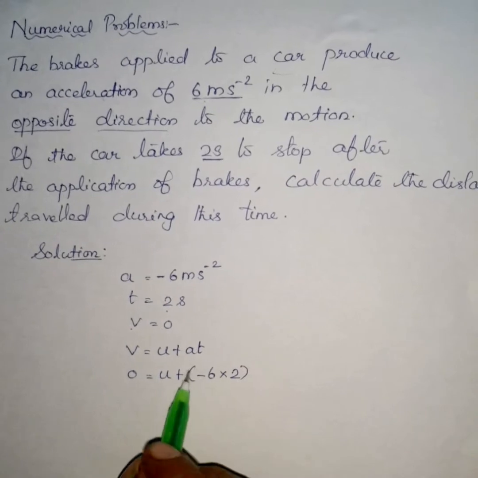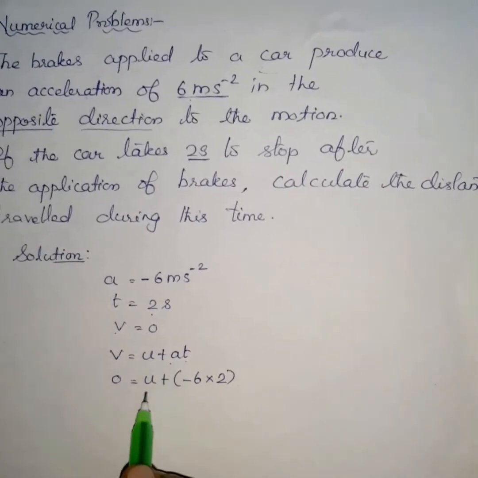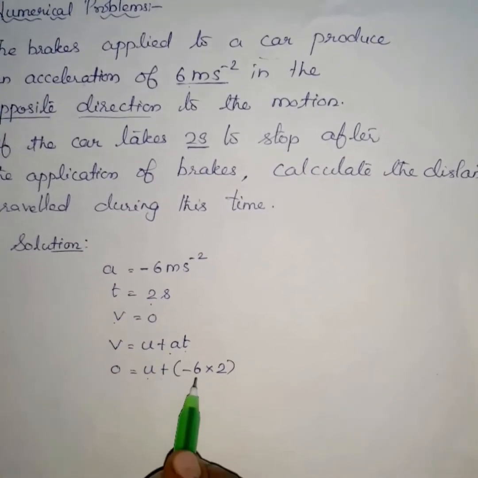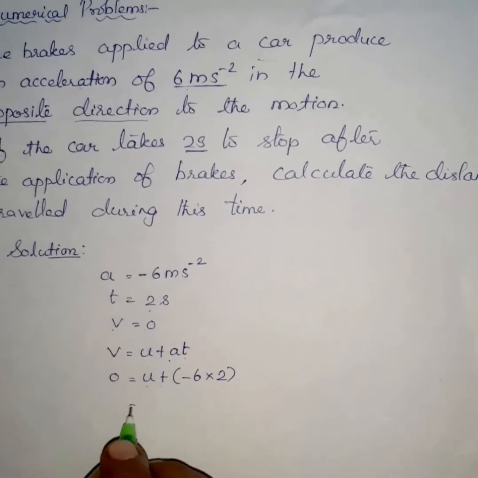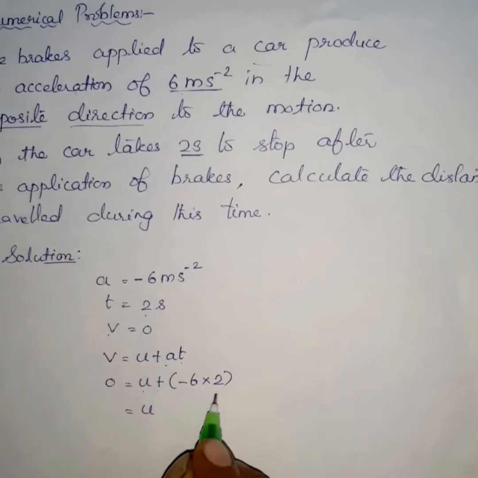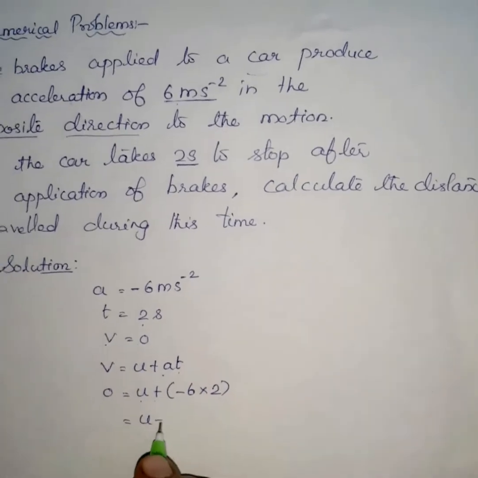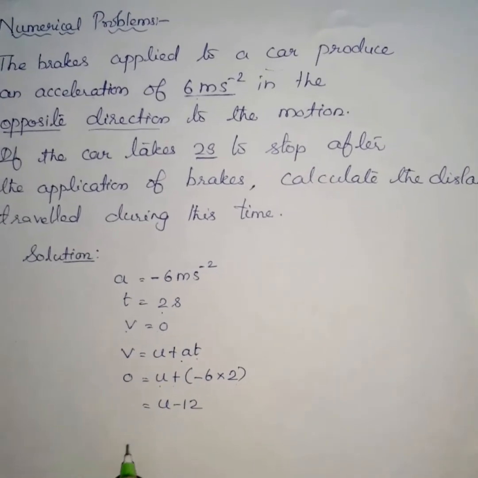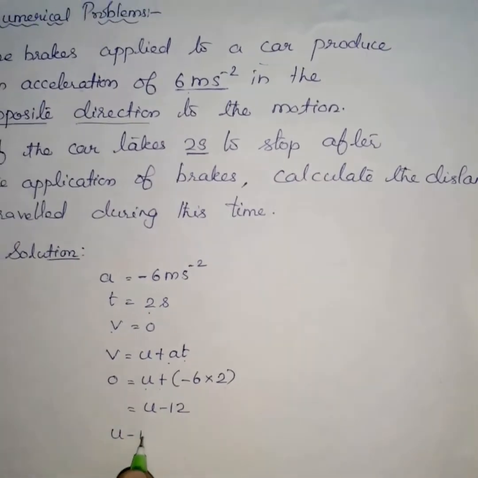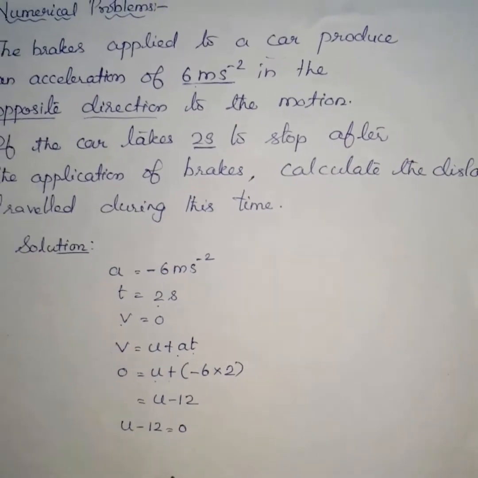Okay, we substitute the value of acceleration and time. So u plus minus 6 into 2 equal to u minus 12. So u minus 12 equal to 0.